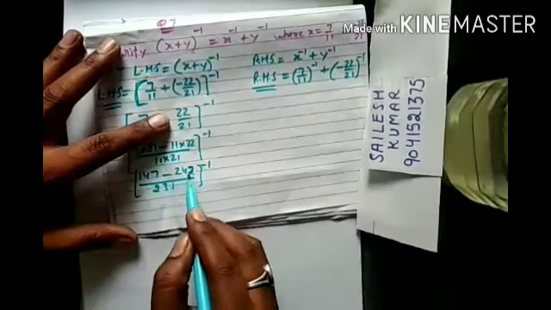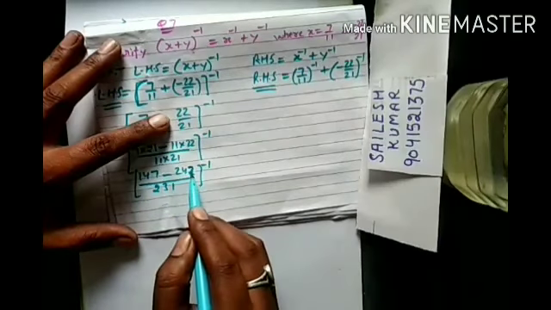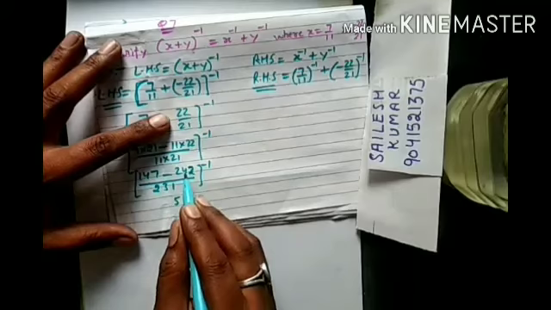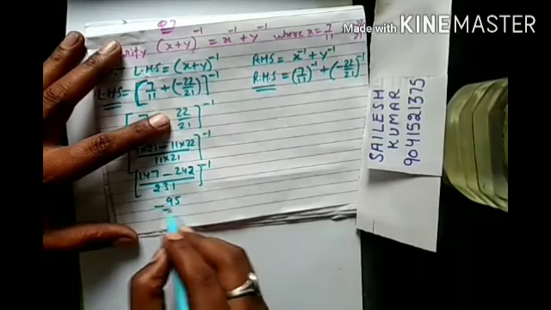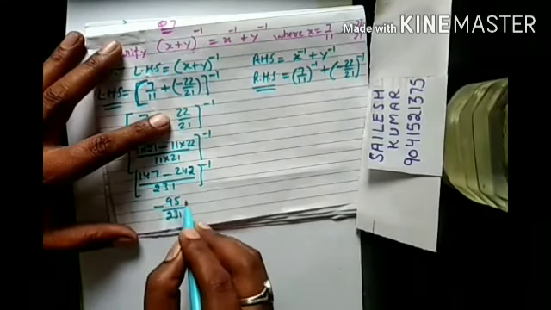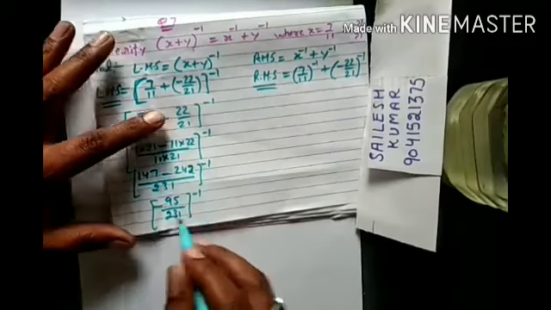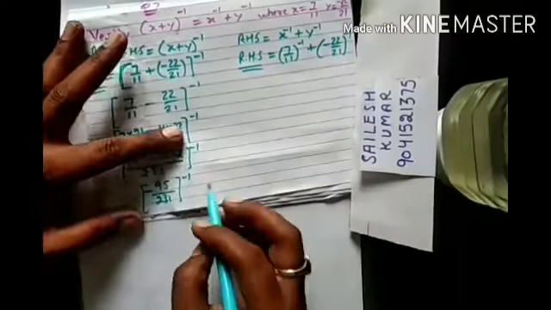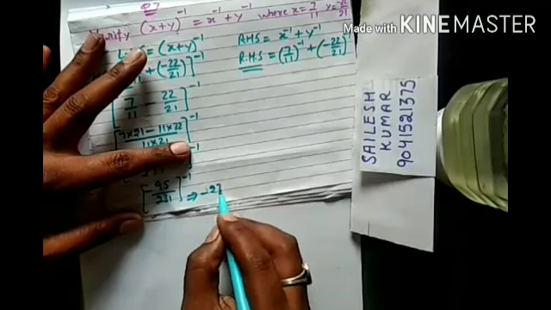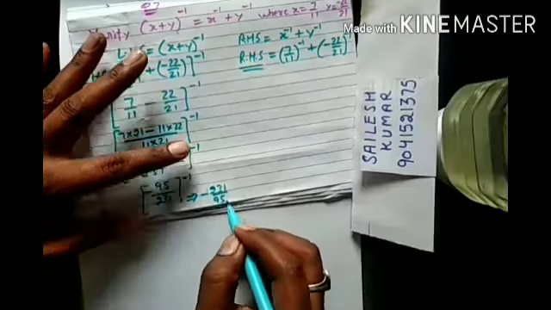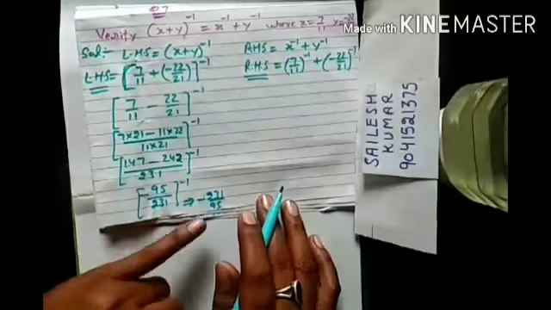Now 242 minus 147. 12 minus 7 is 5, and 13 minus 4 is 9, minus 231. Now its answer will be minus 231 over 95. So the answer for the left hand side is this.